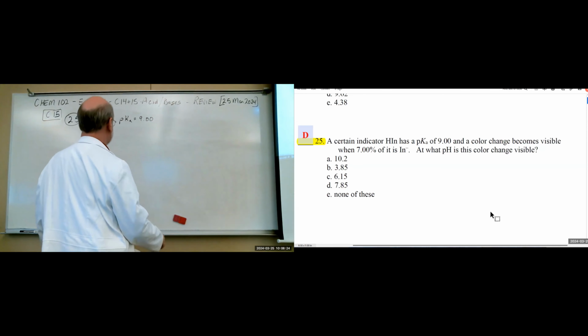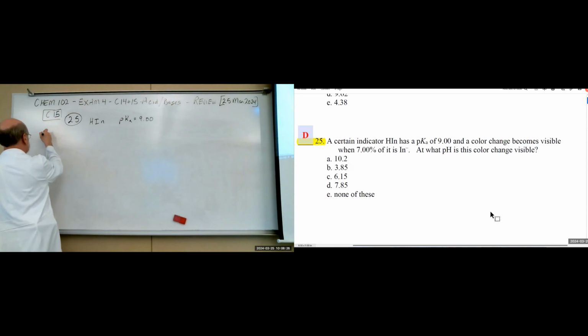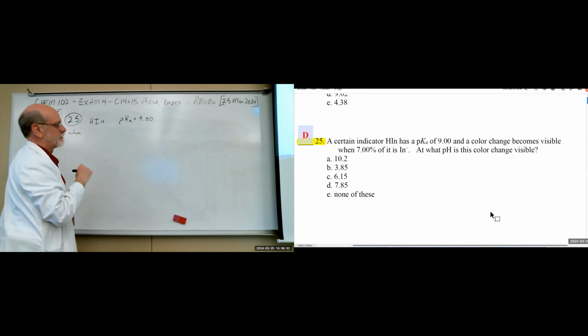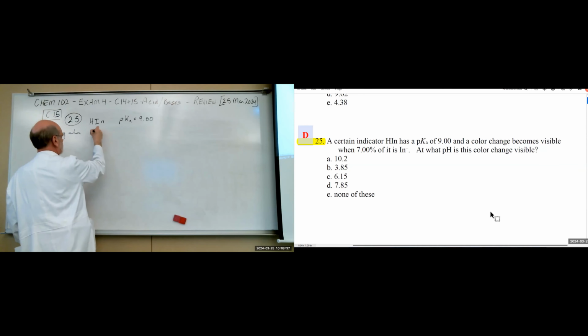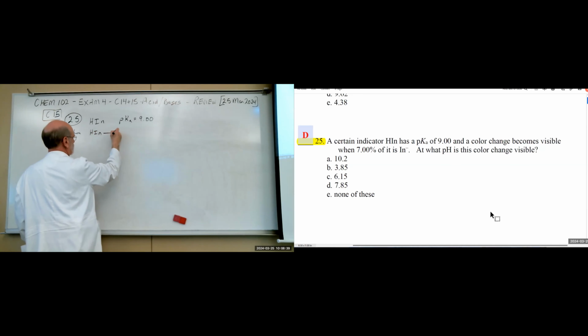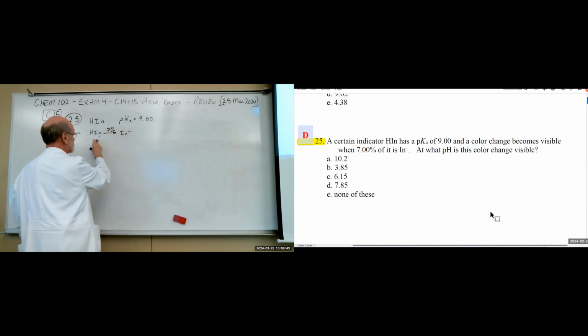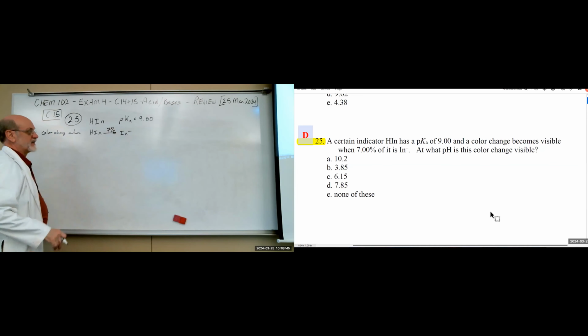And the color change becomes visible, say color change when 7%. 7% of it ends up over there. That's when the color change becomes visible.